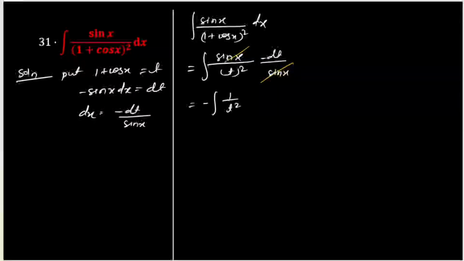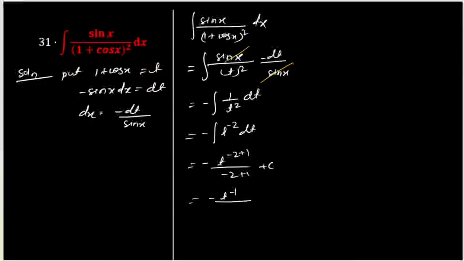So minus integral of t power minus 2 dt is equal to minus t power minus 2 plus 1 by minus 2 plus 1, which is t power minus 1 plus c. Replacing the term of x, we get 1 by 1 plus cos x plus c.